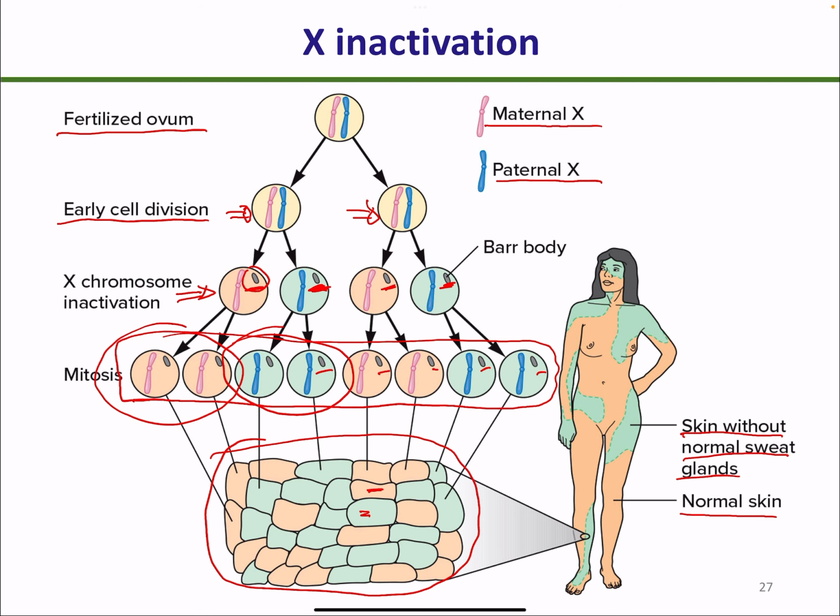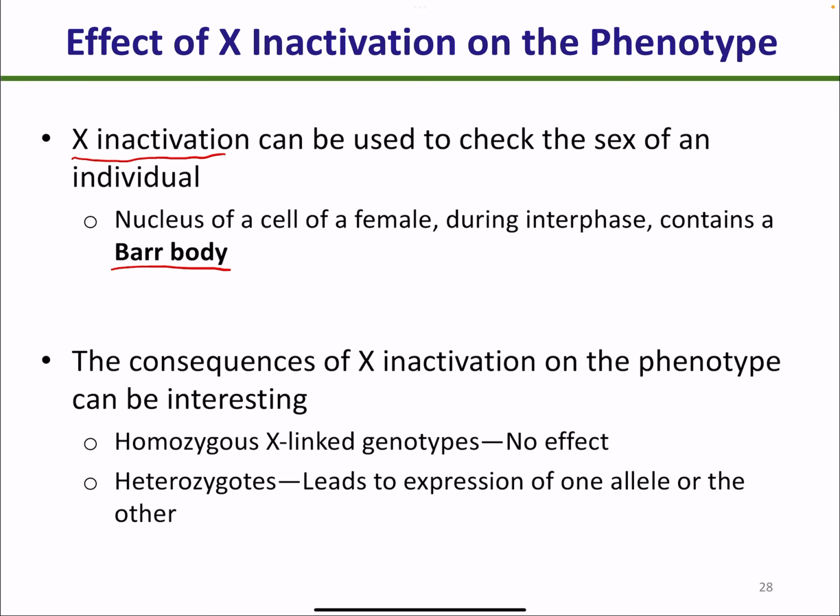Okay? The consequence of X inactivation on the phenotype can be very patchy. A homozygous X-linked genotype is not going to have an effect, so you are not going to see a mosaic.